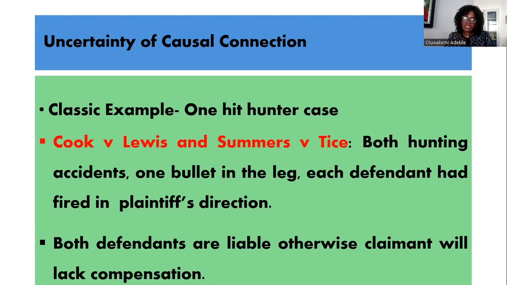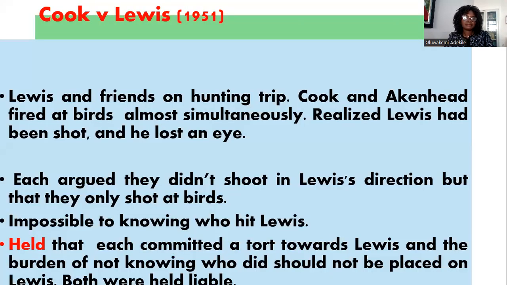From the onset, I would say that it's been held that both of them would be liable. Let's take the cases. Lewis and friends, for instance, in Cook and Lewis went on a hunting trip, and then Cook and Arkansas fired their guns at birds almost simultaneously. At the end of the day, Lewis was shot and he lost an eye.